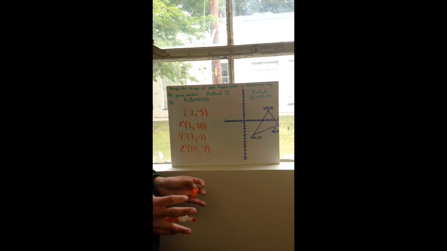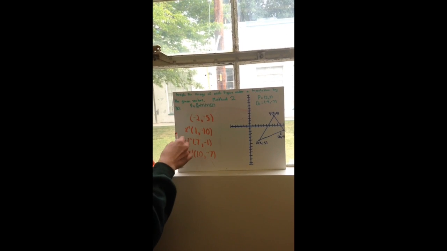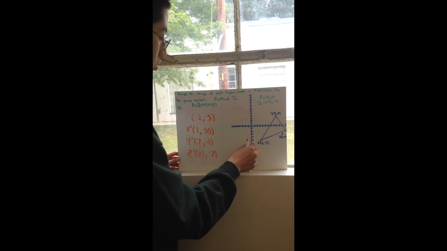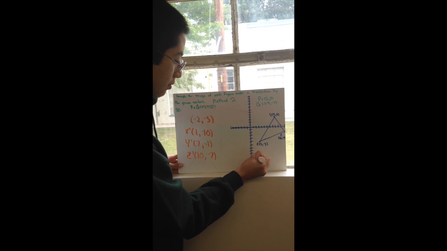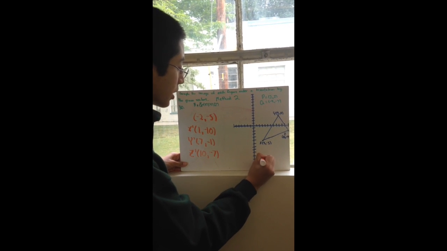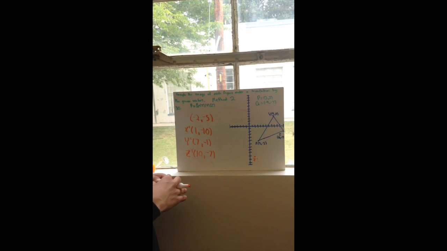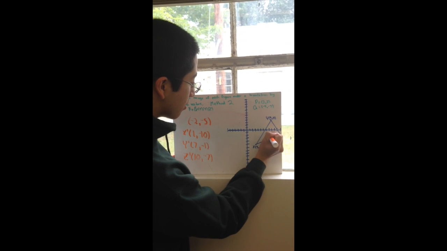Now we need to graph these points on our graph to make sure that we got them right. So X prime is 1, negative 10, and that is our X prime. Make sure to label things so that you don't get confused with them. Our Y prime is at 7, negative 1, which is going to be right here.